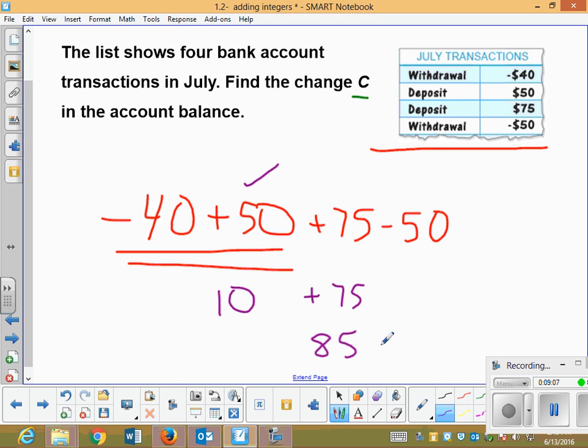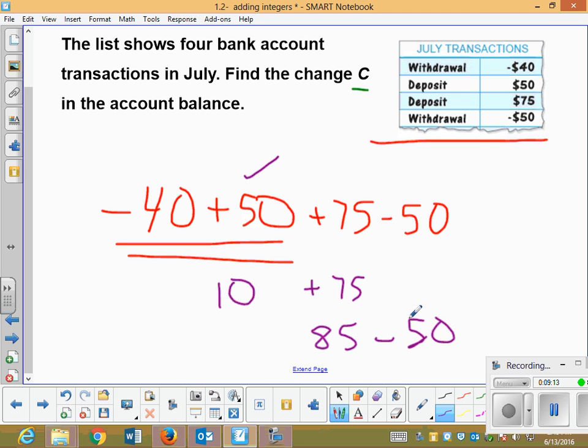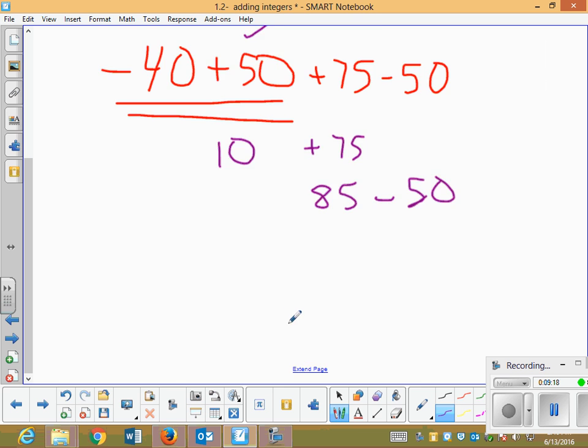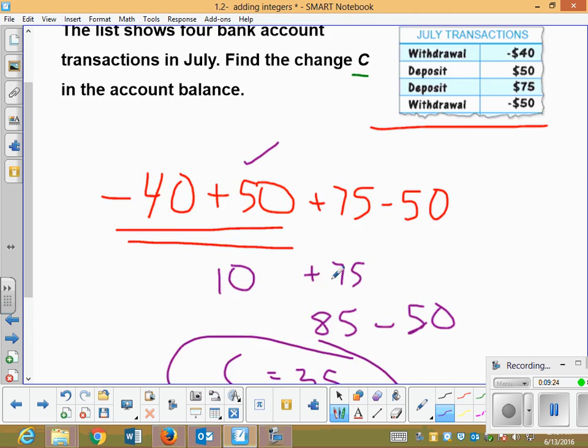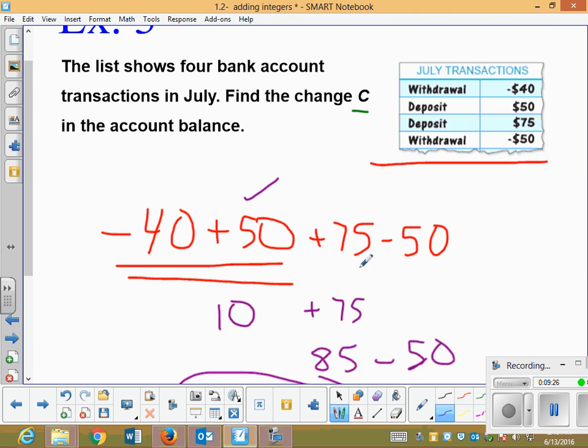Bring down my sign. Then 85 minus 50, once I solve that, that's going to give me the total that this person has in their bank account. So the answer is going to be C, let me extend the page, C equals 35. And that's how you solve for integers with the same signs and different signs.